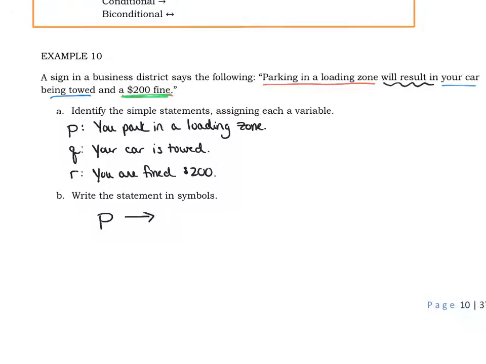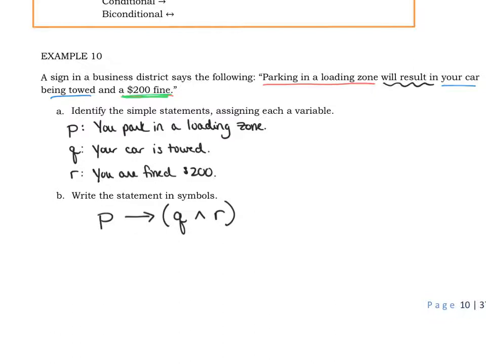Your car is towed, Q, and you're fined $200, R. And since it's both of those things, as a consequence, I'm going to put that in parentheses to show that those go together. This one thing, parking in a loading zone, means then these 2 things together, parentheses together, happen.